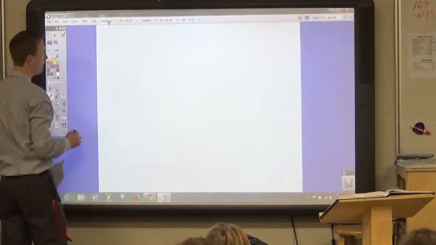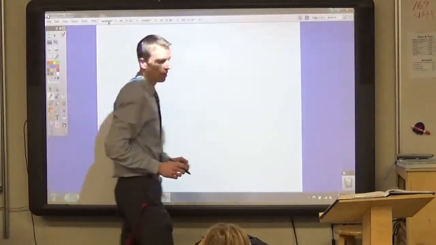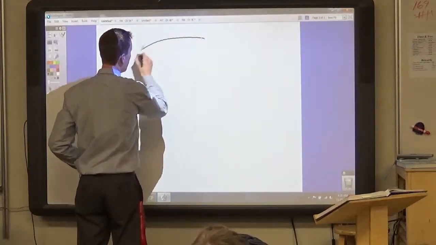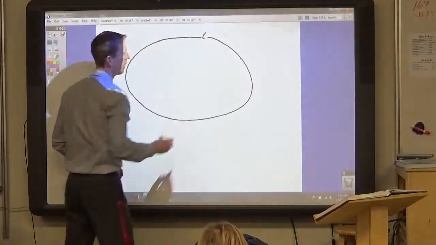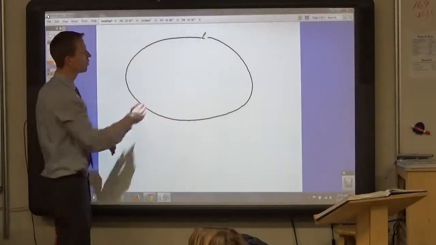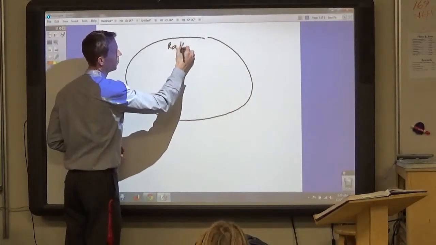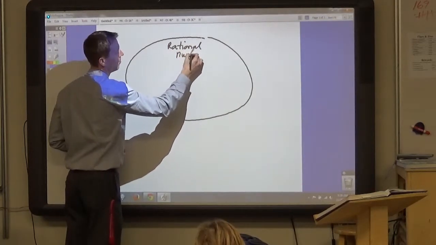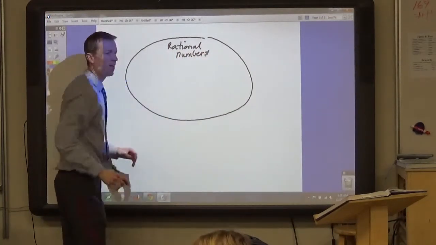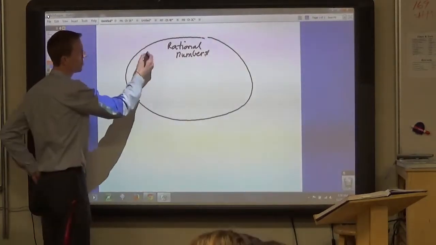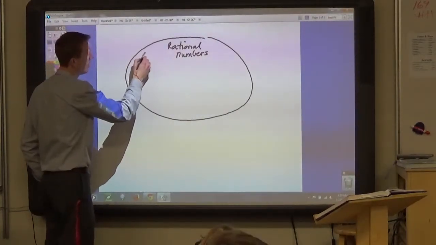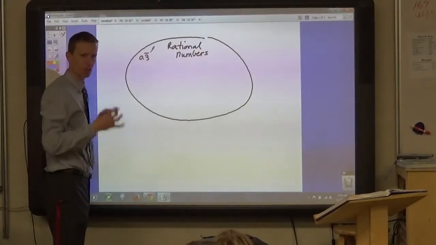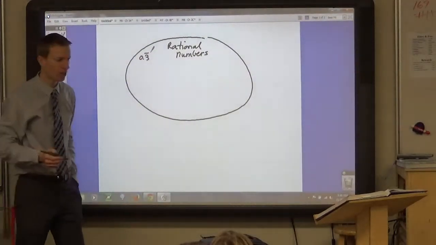In the book, it gives you a chart of how numbers kind of work. Okay? This big circle represents rational numbers. And then we said those are numbers like 0.3 repeating, because a repeating decimal can be a rational number.